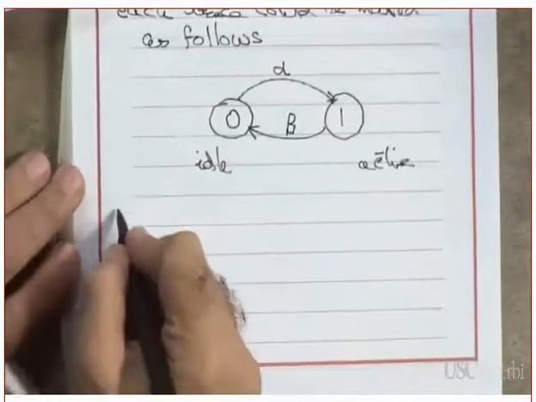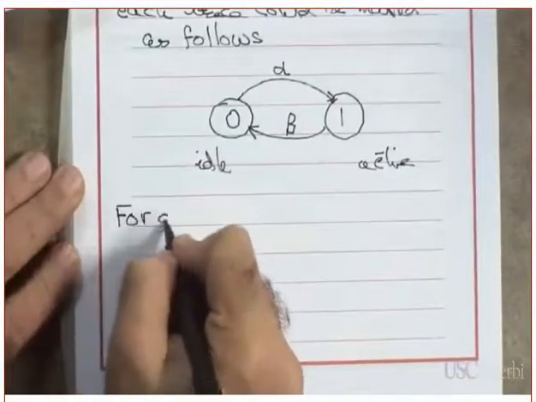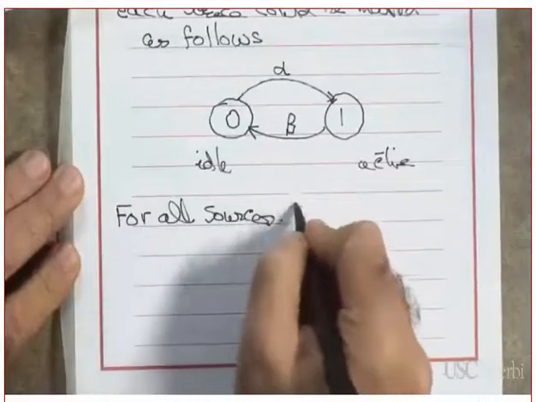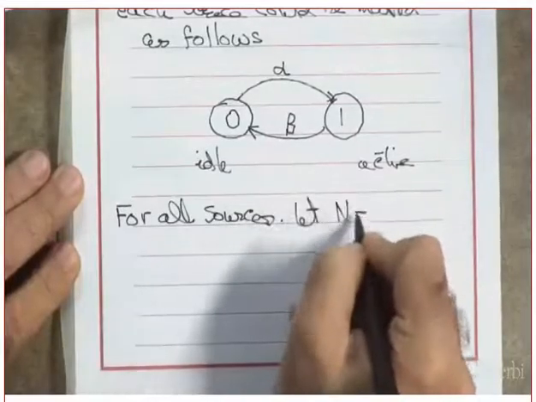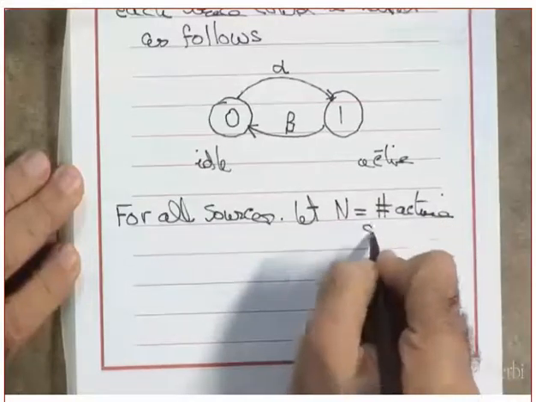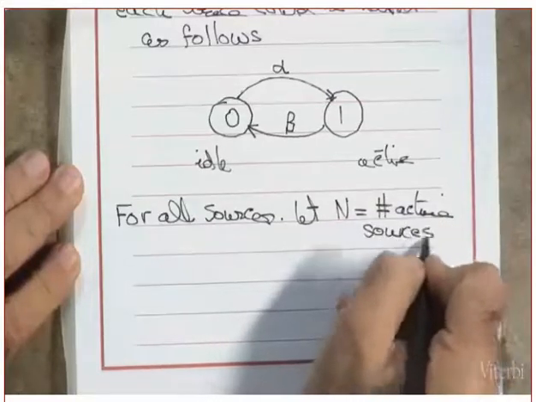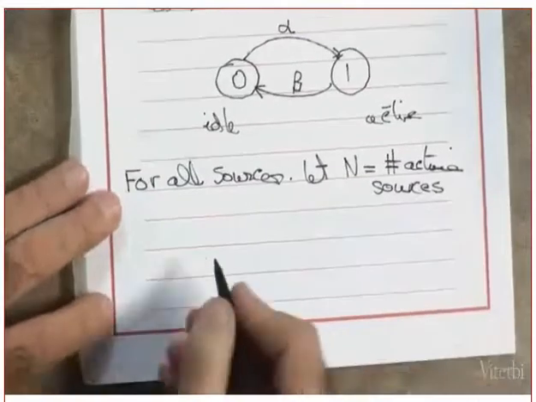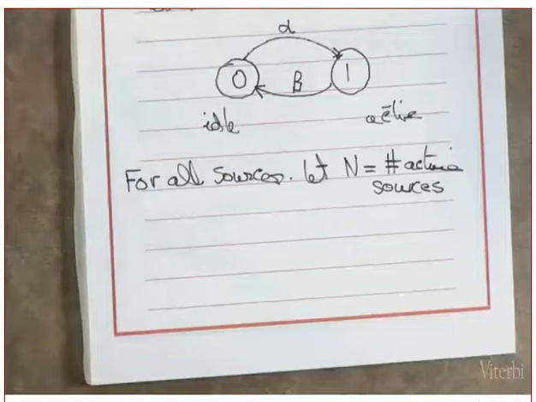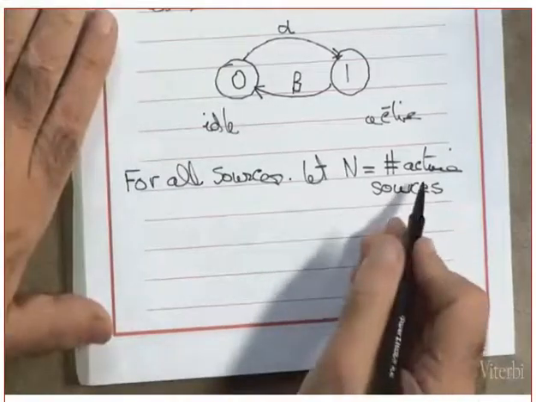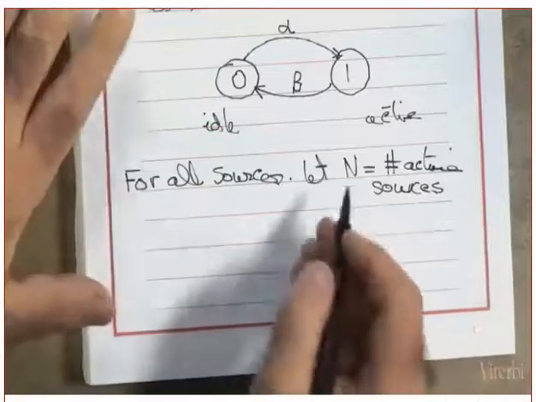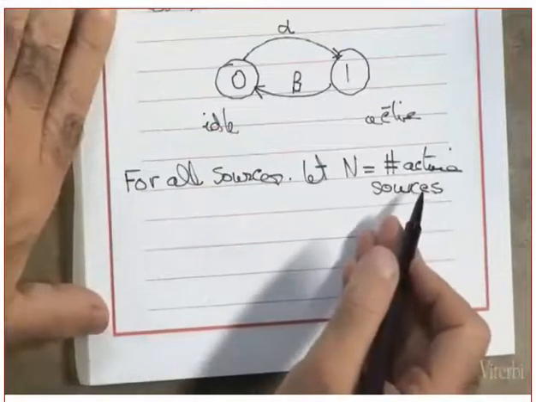Okay. Now, for all sources. Let n be the number of active sources. Now, how many states do I have? n is the number of active sources, and the total number of sources is 5.